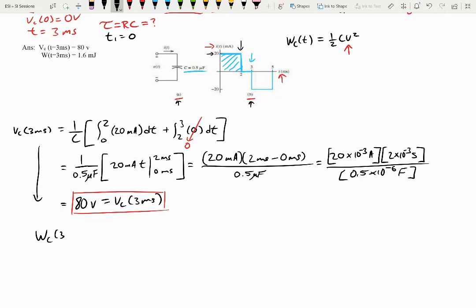So if we write W of C at 3 milliseconds, 1/2 C V squared, which will be equal to 1/2. And we're going to keep it in base units. So 0.5 times 10 to the negative 6 farads. Voltage is going to be 80 volts. Square that.